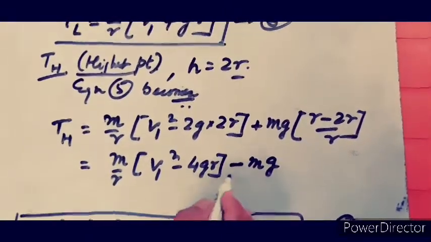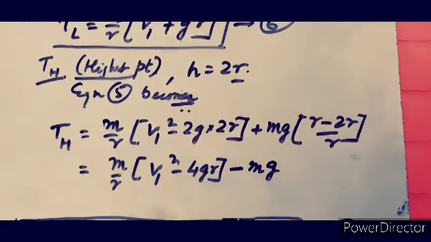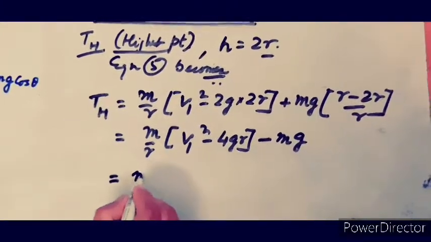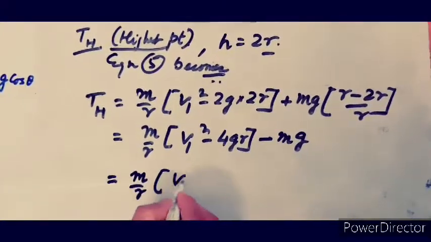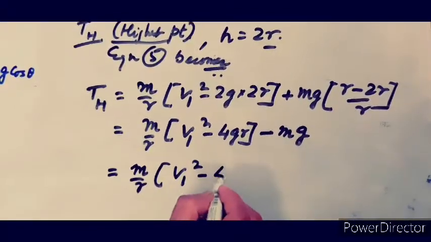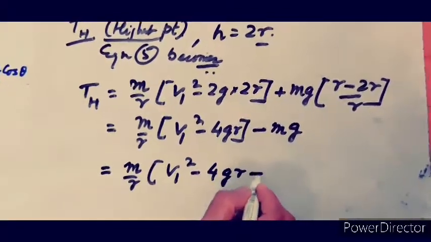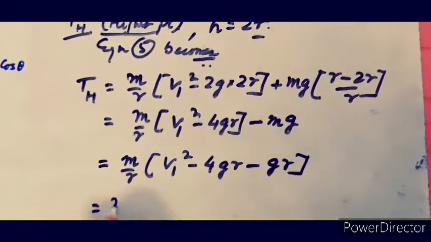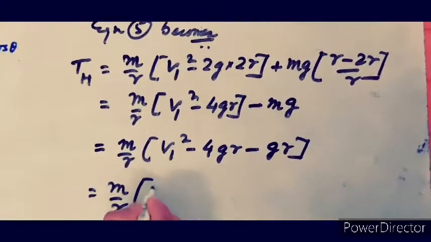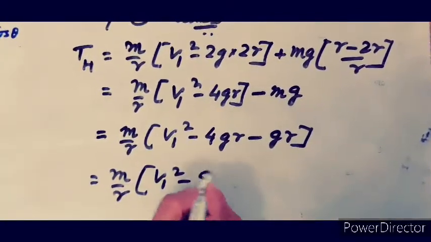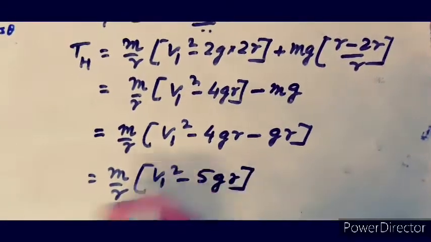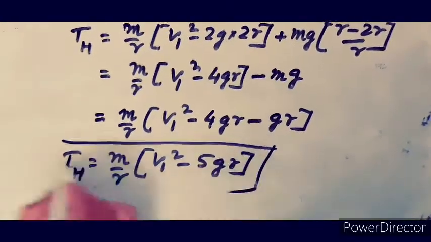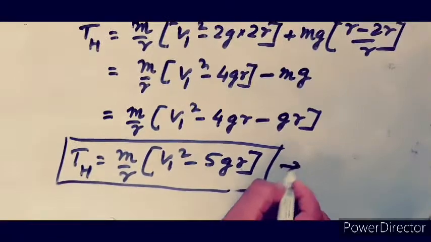After opening the bracket and taking the common m by R, we can write in this manner: v1 square minus 4gR minus this, cross multiplied, g into R. Ultimately m by R within the bracket, v1 square minus 5gR, that is TH. This is the expression of TH, meaning tension at the highest point. Give it equation number 7.